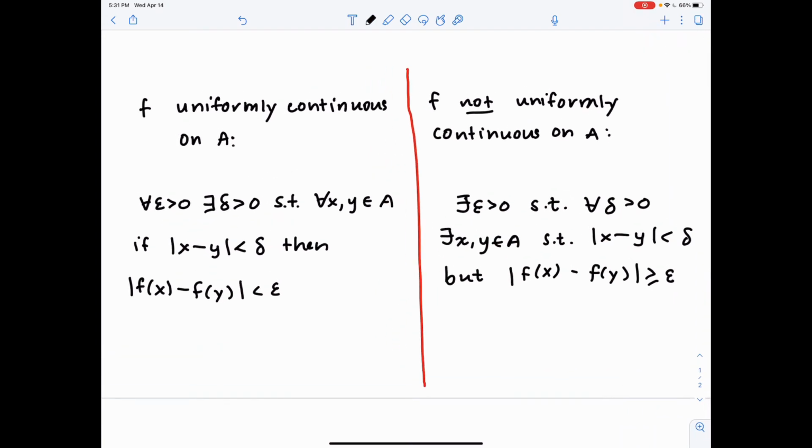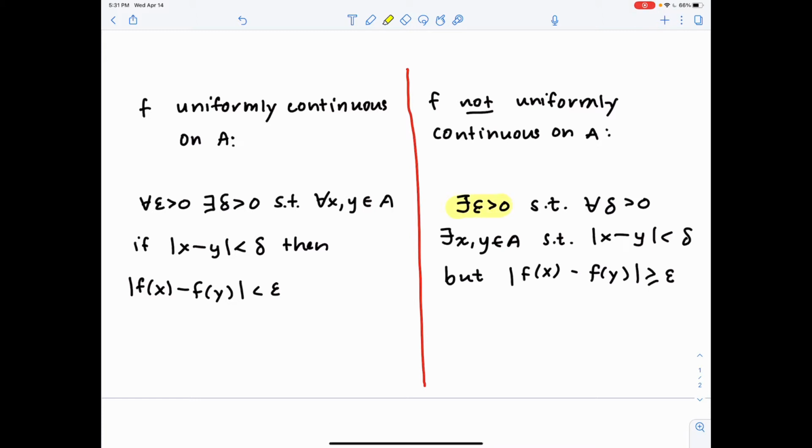So if I want to prove this precisely, to show that f is not uniformly continuous on a set A, a natural place to start would be to look at the negation of the definition. So I've written out here in two columns, the left column has what it means for f to be uniformly continuous on A, and the right column is just the straight negation of that, so that we know what it means to not be uniformly continuous. A couple things to highlight here.